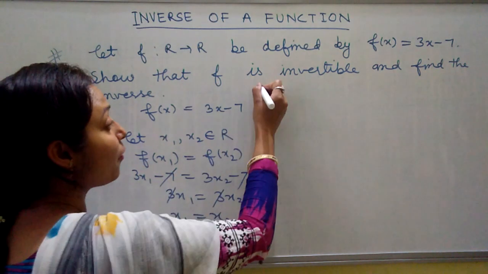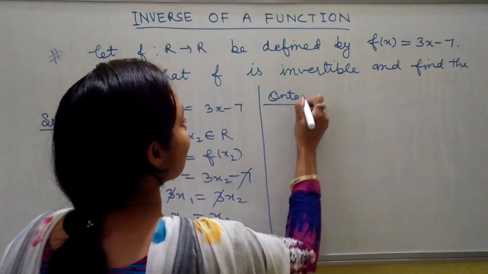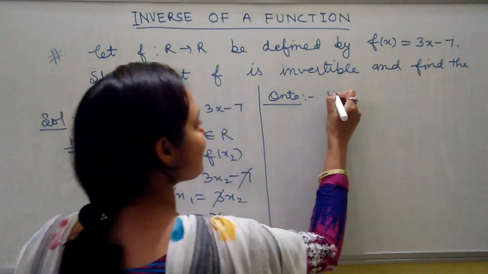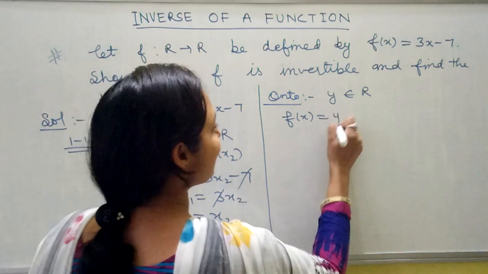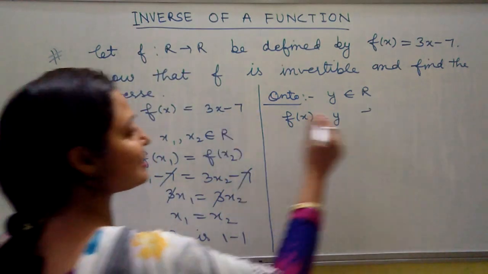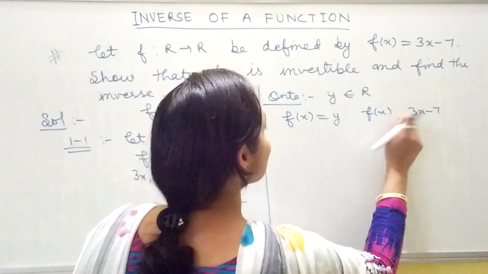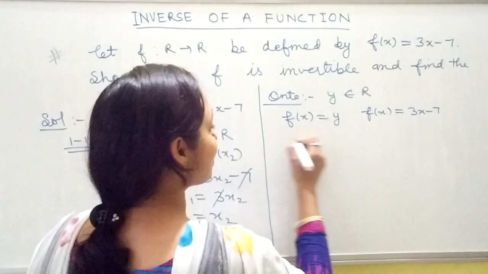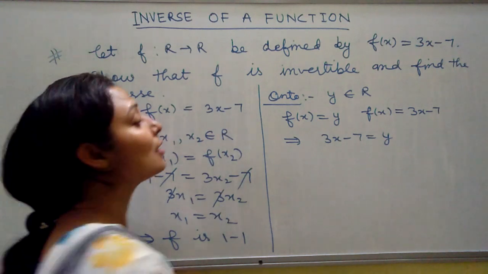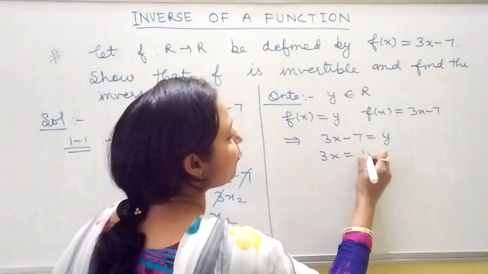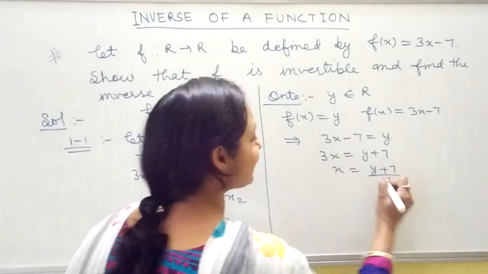Okay, now come to onto. For onto, the number will be taken from the second set of real numbers, that is y belongs to the set of real numbers. I will take f(x) = y, but f(x) is given as 3x minus 7. So I equate these two: 3x minus 7 = y, that gives 3x = y plus 7, and x = (y plus 7) divided by 3.